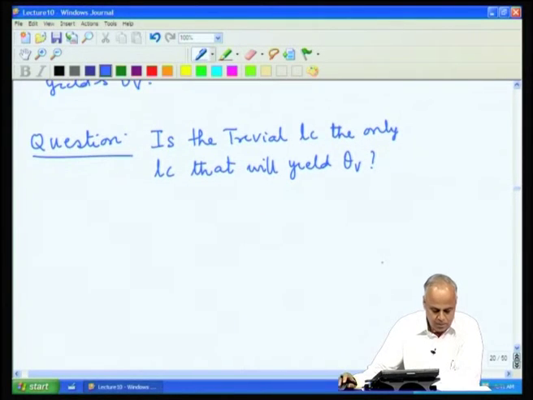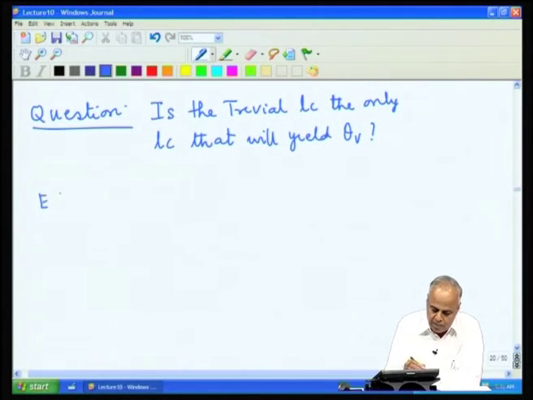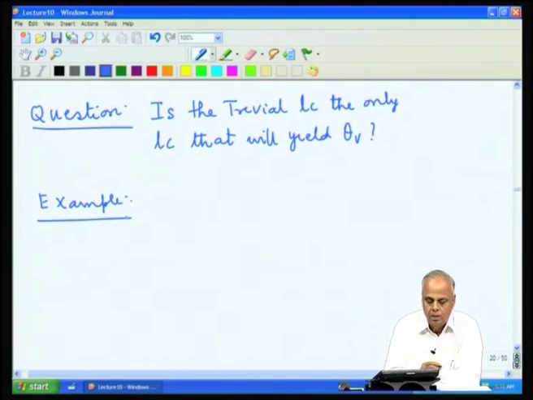Let us look at one or two simple examples before we answer this question.